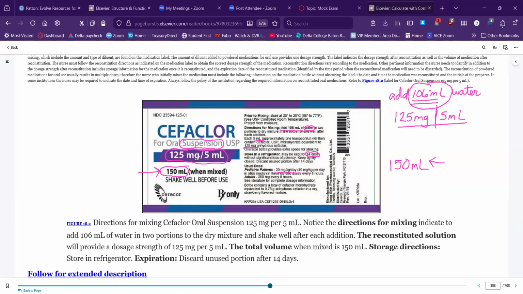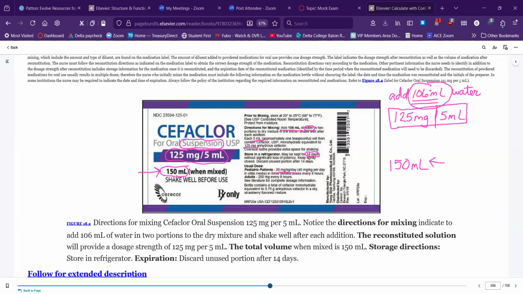Another way you can look at it is that this 150 right here is not really the dosage that it's giving us. This is telling us how much total fluid, but does it tell us how many total milligrams are in this total fluid? No. So I wouldn't be able to use that to figure out a dosage because I don't know how many milligrams are in this total.